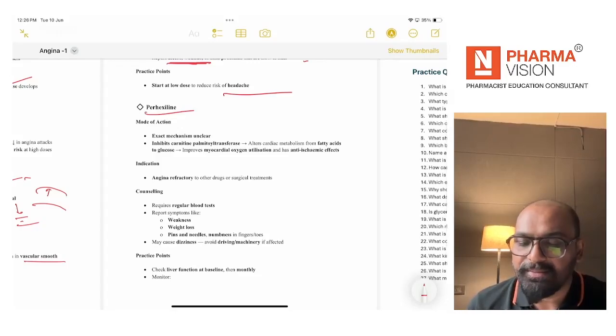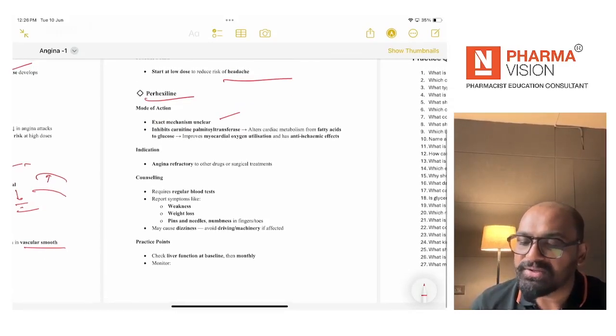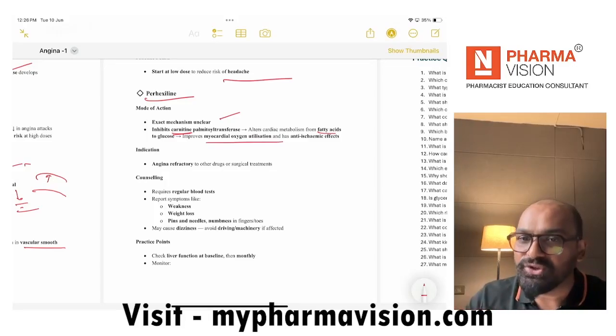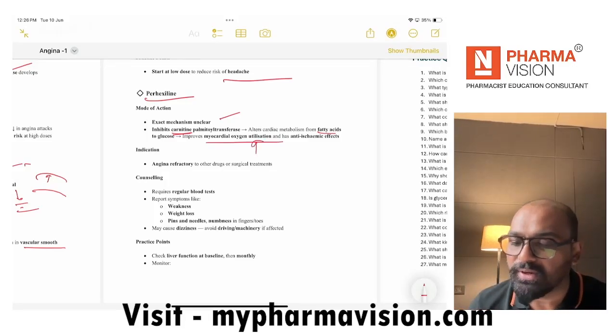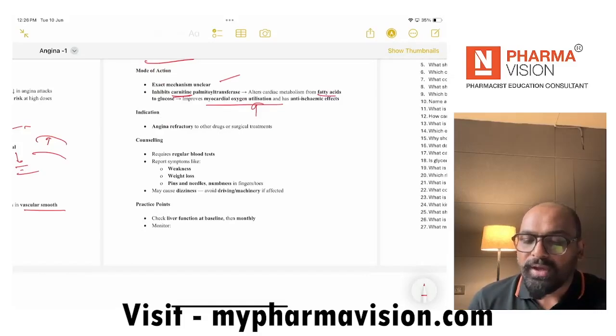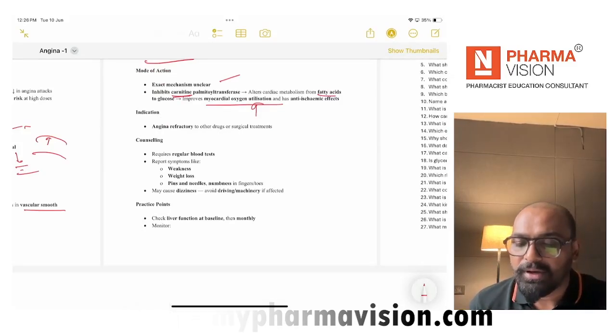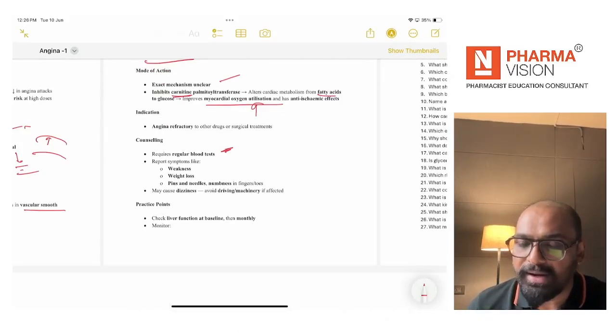Perhexiline: the exact mechanism is unclear. It changes the metabolism. Okay, it focuses on carnitine, improves myocardial oxygen utilization. Okay, and regular blood test is required for what?